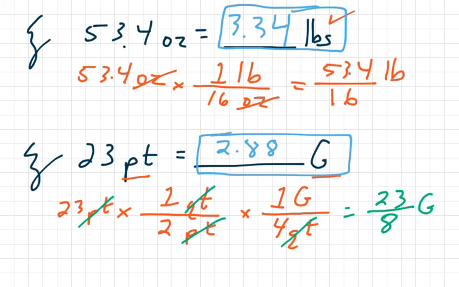If you had 23 pints of canned vegetables or canned something on your shelf, that would be equivalent to 2.88 gallons. Again, this is more fun for people of an older generation when they're trying to conserve food, but you just gotta try to get it in your head as to all the math.